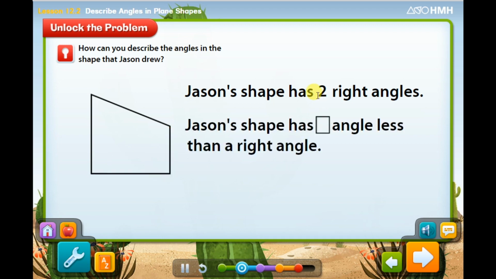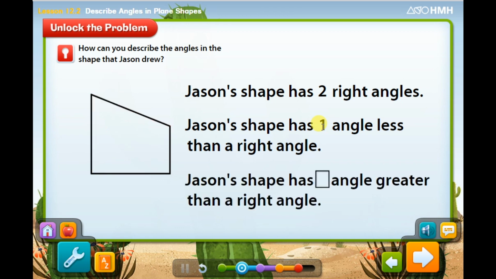How many angles in Jason's shape are less than a right angle? Less means smaller than a right angle. It's narrow and nearly closed. So, I think it's just 1 less than the right angle. So, is it 1? There is 1 angle less than a right angle in Jason's shape.